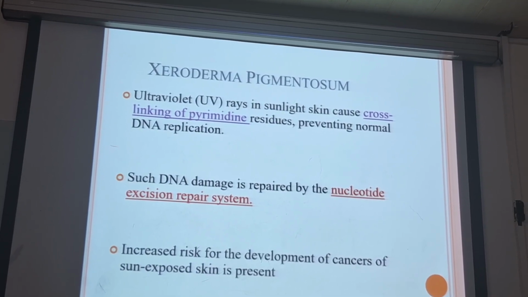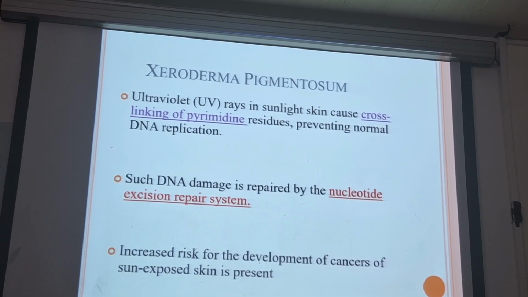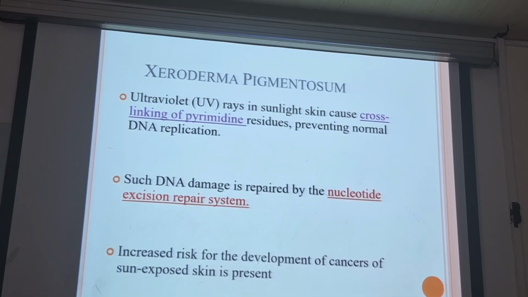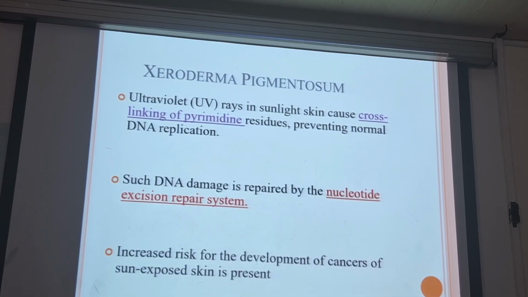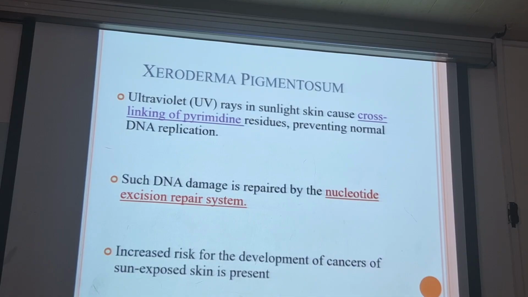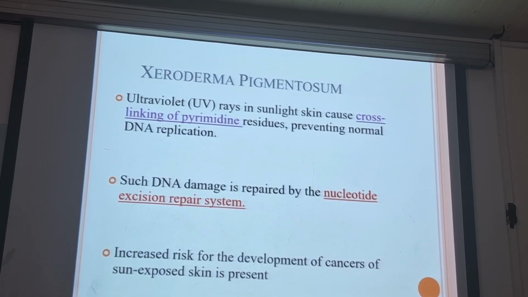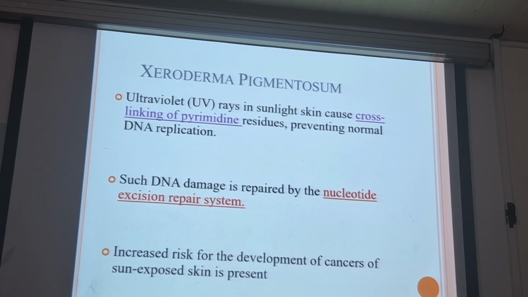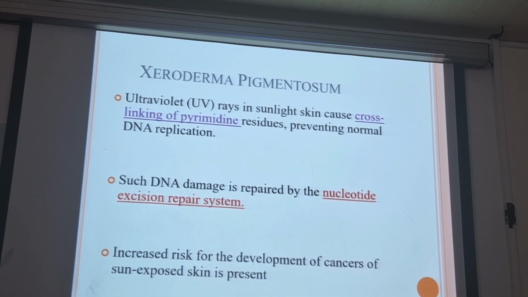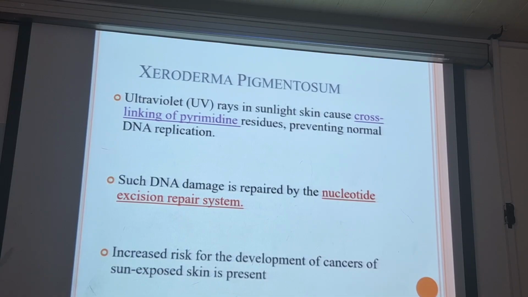But some patients are children, because of this syndrome we call xeroderma pigmentosum. Because they have damage in the DNA repair system, they show these tumors very soon, in childhood.